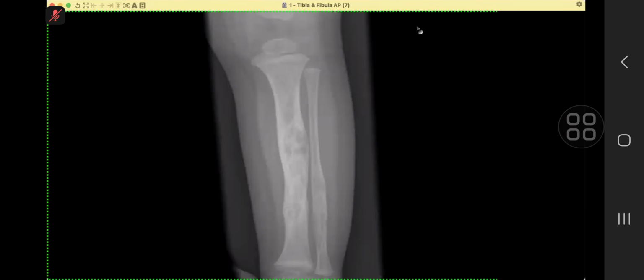I would like to describe this lesion. It is lytic expansile, and there are also areas of sclerosis. It is lobulated, and I have a suspicion of a pathological fracture along its lower extent, because I can see some cortical break here.